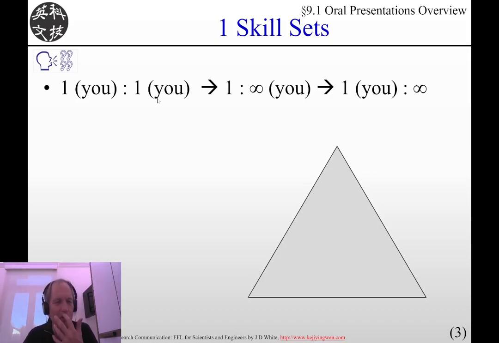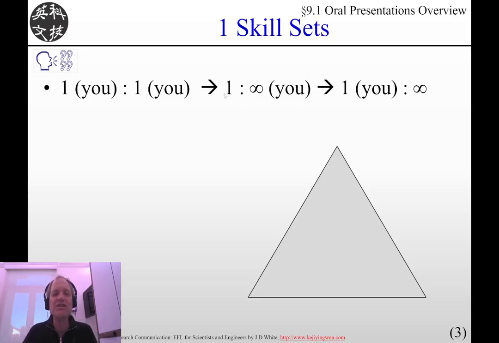You've taken both roles. One is the conversation initiator, one is the receiver. We then talked about one to infinity when you were the listener, in an oral skill set.